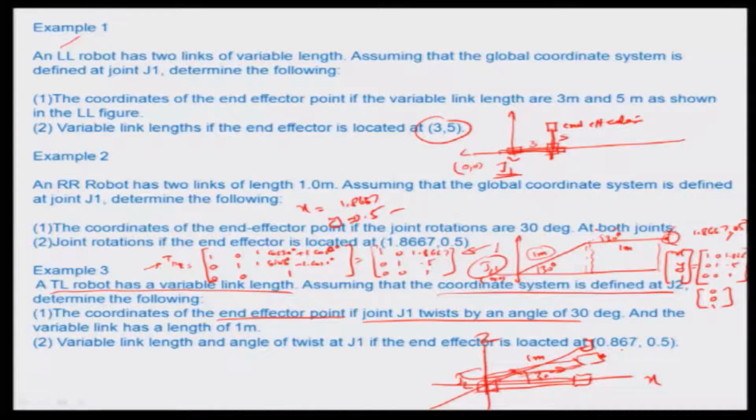Obviously it will be the cosine of 30 degrees and sine of 30 degrees times 1, and you can actually do the backward transformation to figure out that if the end effector position is defined, you can see what is the angle of twist or even the link length, etc.